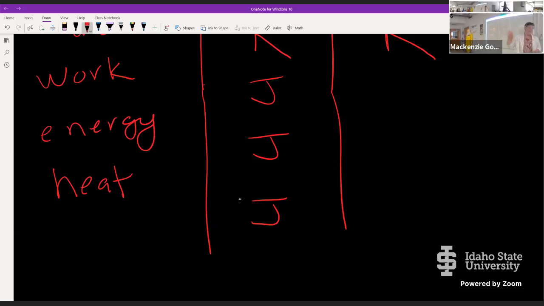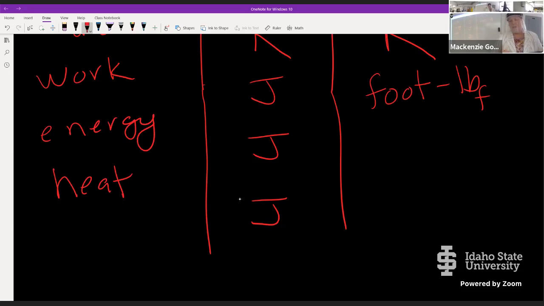Okay? Now we're going to deal with us crazy Americans and what unit we use. So for work, we use foot pounds of force. Now think about this. This should make a little bit of sense. What is work?